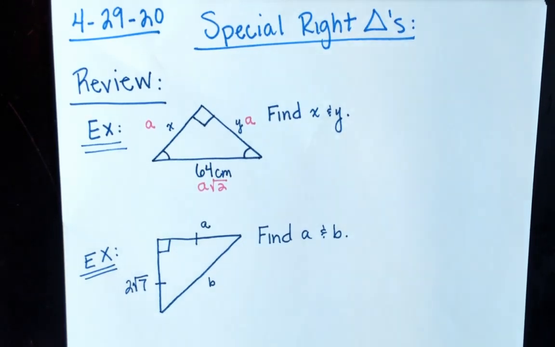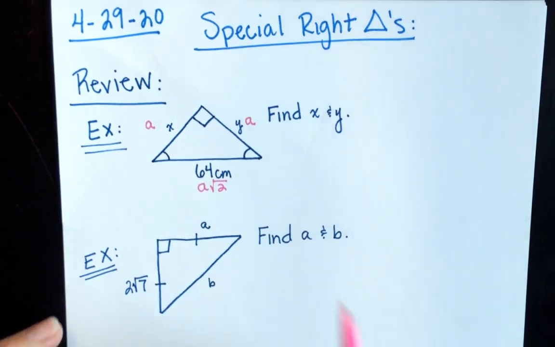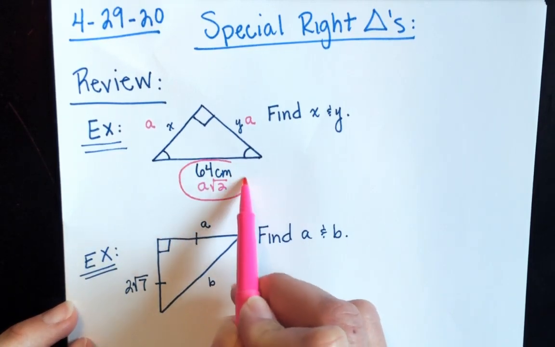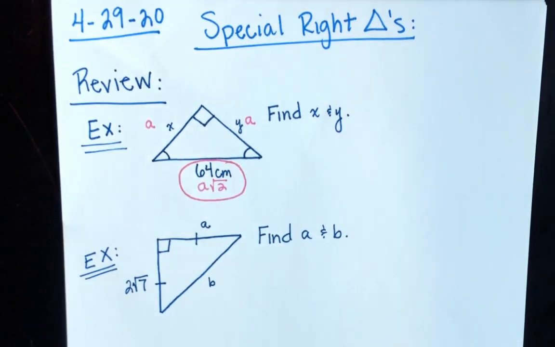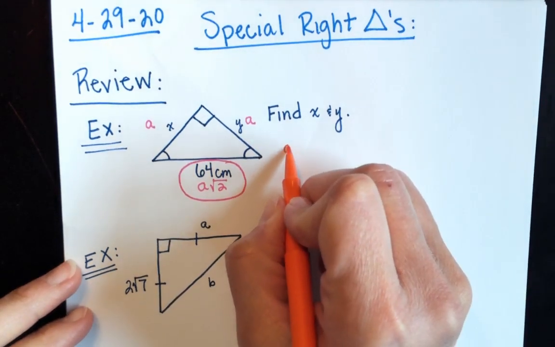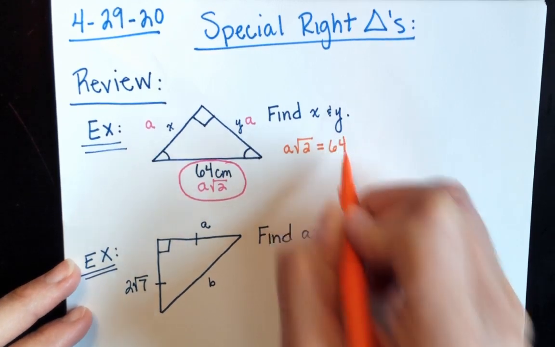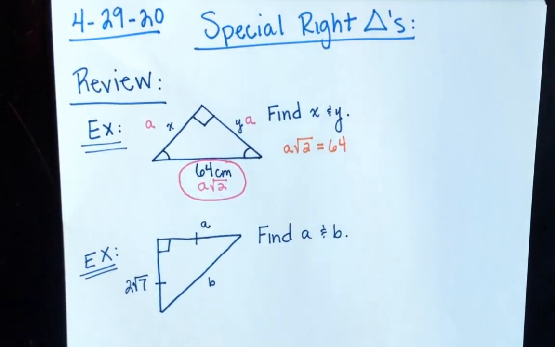So again, not doing the Pythagorean theorem today, just using our formulas. And we're supposed to remember that the side that has the length and the formula, we're going to set equal to each other. So we're going to set these two equal to each other, and we're going to solve.